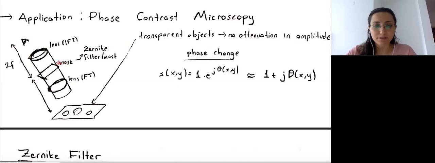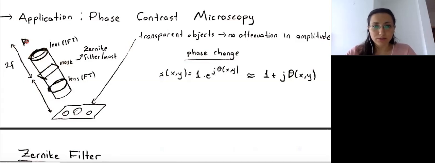The mask applies a masking operation on the Fourier transform of the object, which corresponds to filtering. And then we have another 2F system until the light reaches our eye. That means we're going to see the Fourier transform of the masked Fourier transform of the object, which is going to be the filtered object.